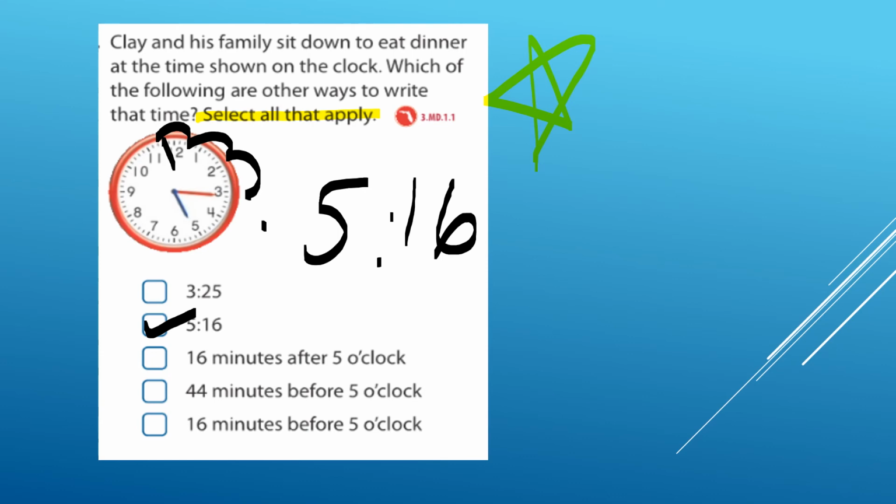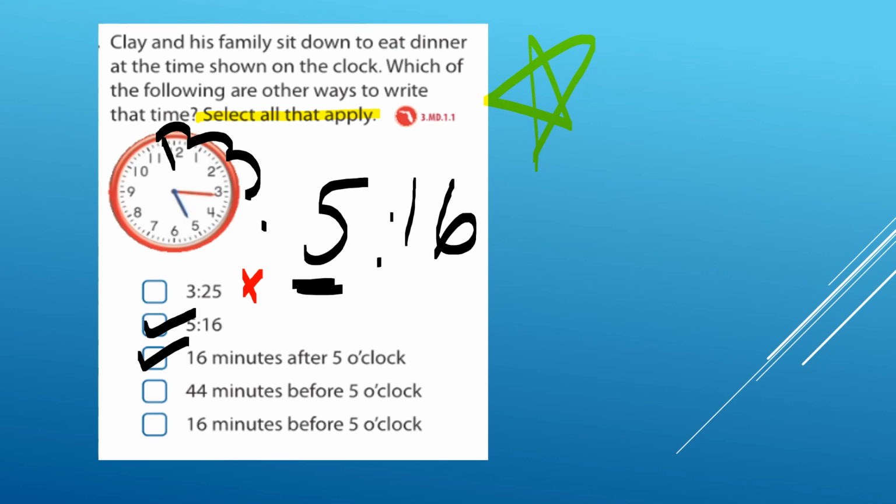Ooh, I can eliminate this because this would be if I got my hour and my minute hand confused or flip-flopped. And then I have 16 minutes after 5. Yep, that sounds about right. 44 minutes before 5 o'clock. Wait a minute. Before 5 o'clock.